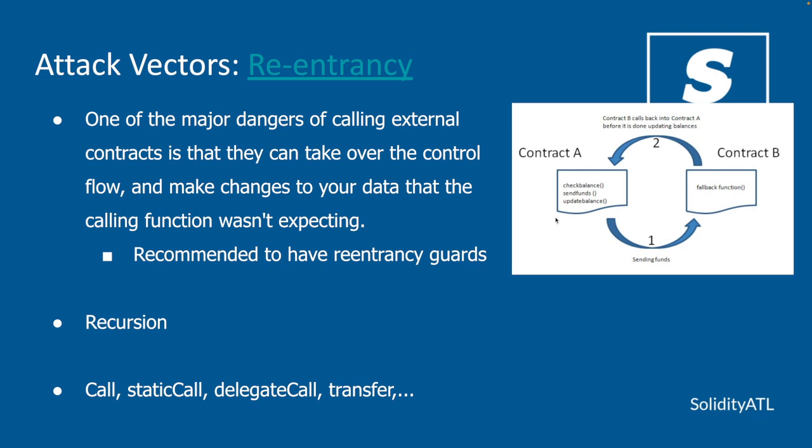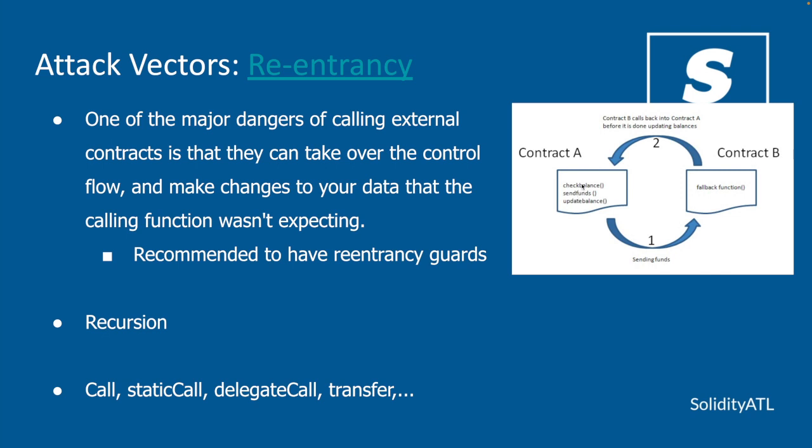If you see the image on the right here, it is trying to convey what that is. Imagine there is a method in contract A on the left where someone calls it, it checks their balance, and it sends their funds.